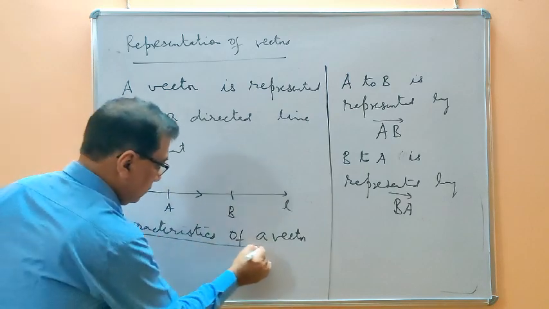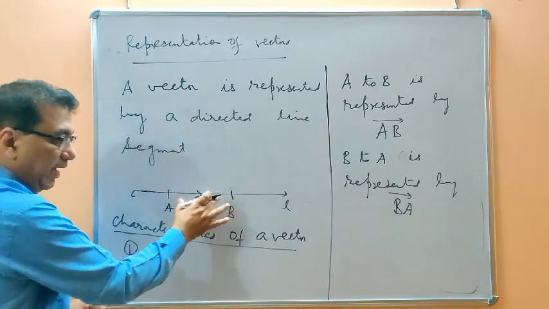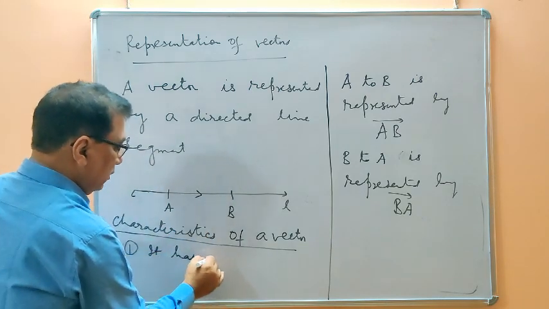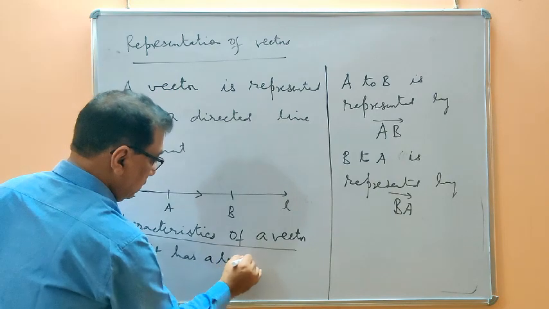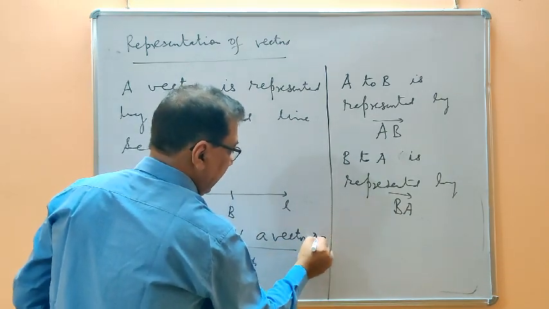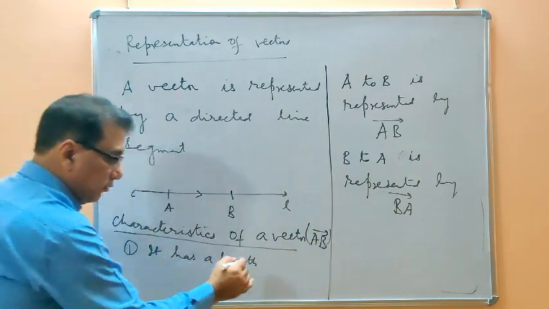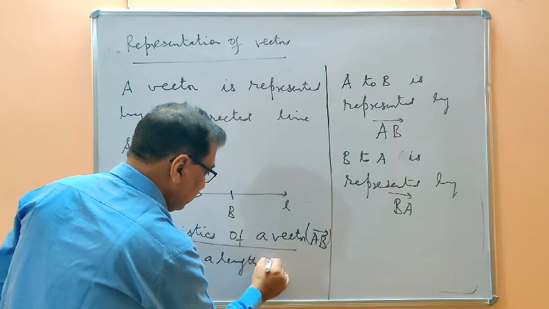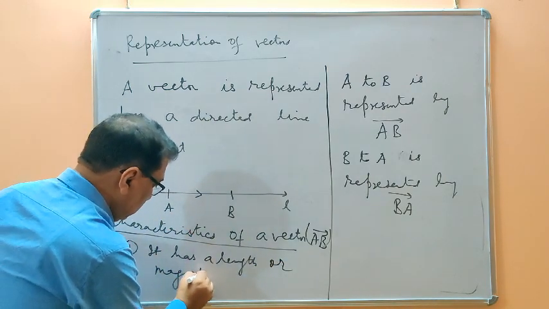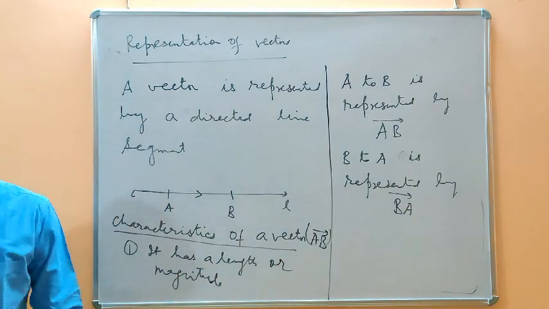First, it has a magnitude. It has a length. In our discussion, the vector is AB, so it has a length which is called magnitude. This is the first characteristic.